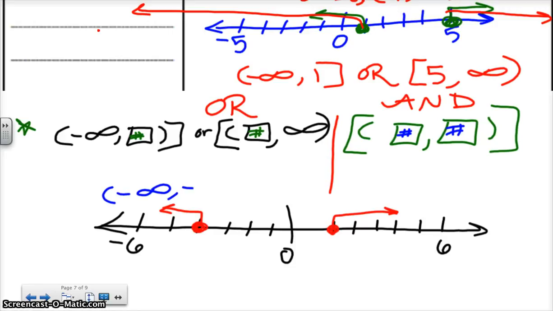My number is -4, bracket, because it's colored in, or my next number is 1, bracket, because it's colored in, to positive infinity, parentheses. No. Because you got to read it like you read a book. Okay, next one.